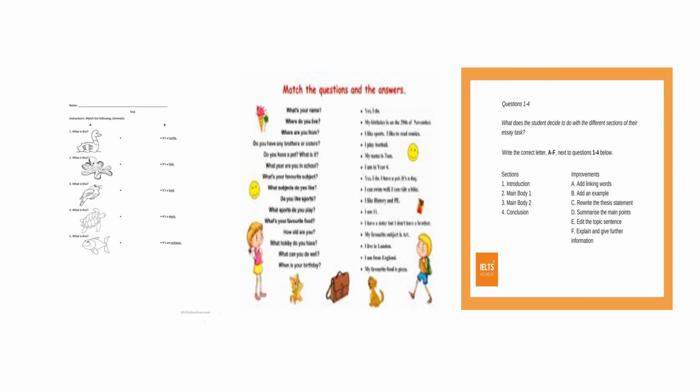If we come to the second picture, which is in the middle, you see that the teacher is asking his or her students to match the questions with their answers. As you see, the questions are like, for example, what's your name, where do you live, how old are you, when is your birthday. These are the questions that we usually have in our real life conversations, taken from real contexts that we may encounter in our daily life.